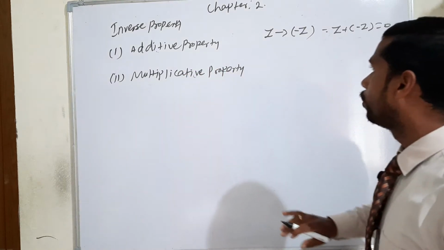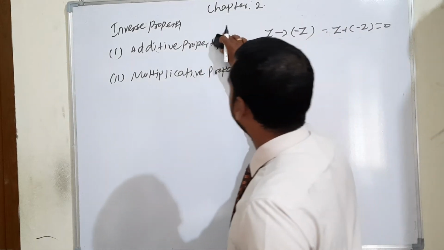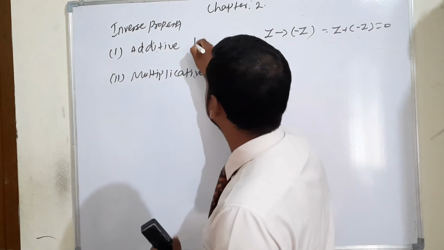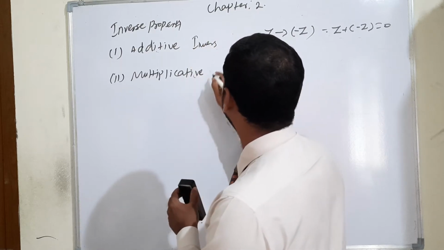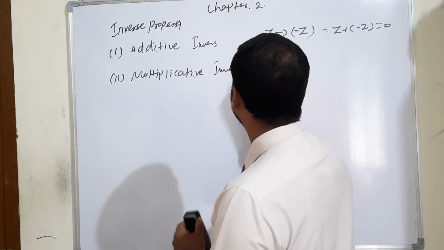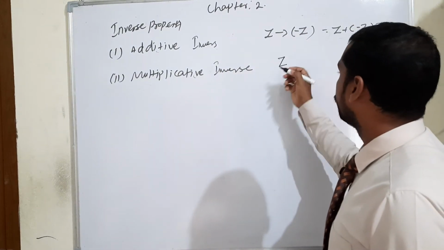Then multiplicative means the multiplicative inverse. Under addition it is the additive inverse, and under multiplication it is called the multiplicative inverse. When you multiply a complex number z by its inverse 1 by z, the z cancels and we get the result 1.